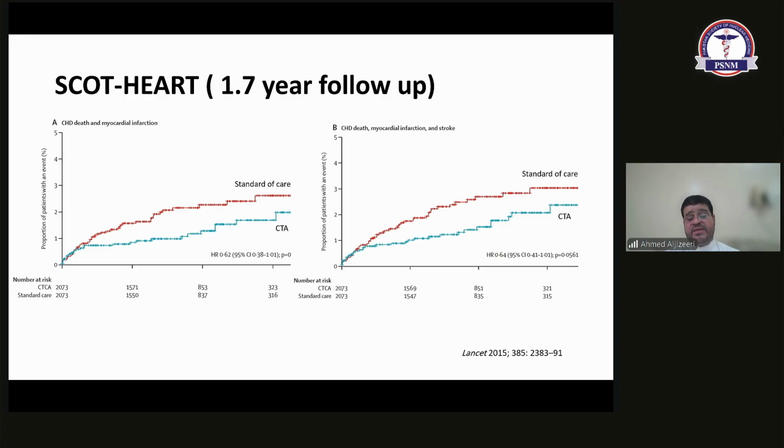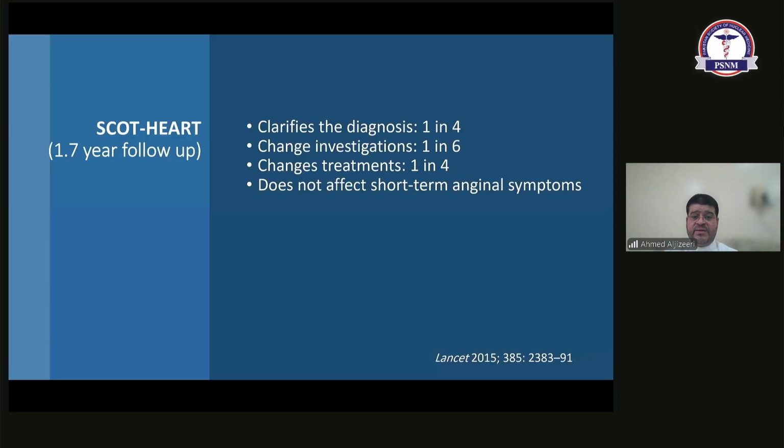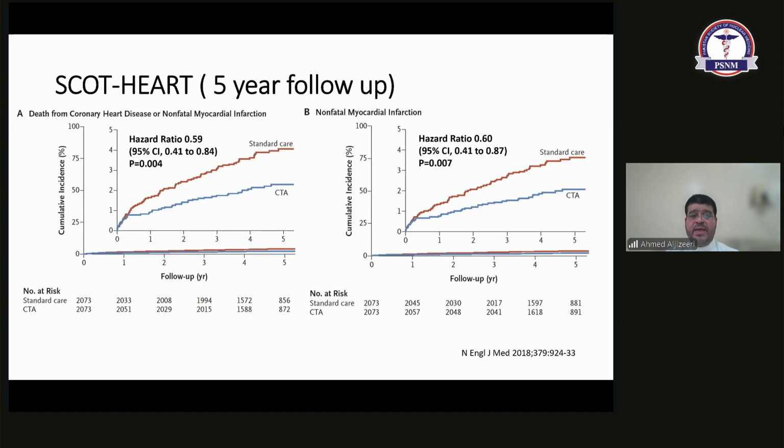The patients who had CT angiography have a lower chance of cardiovascular death or myocardial infarction or stroke. Not only this, but patients who had CT had a better reclassification of diagnosis, change in the investigation, and change in the treatment. So very important in terms of changing the overall management of these patients.